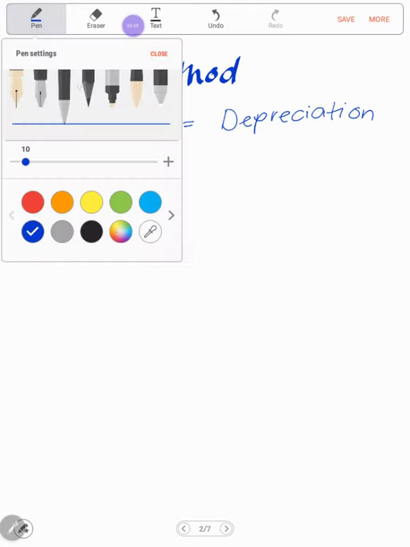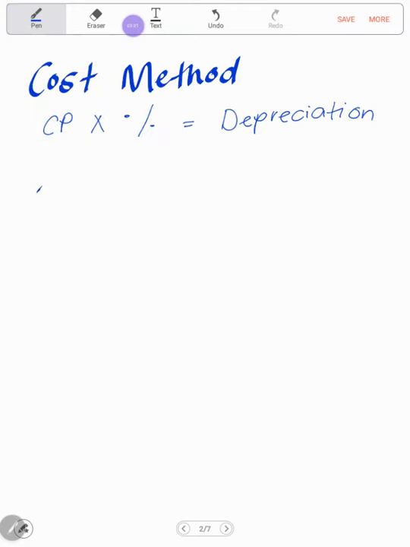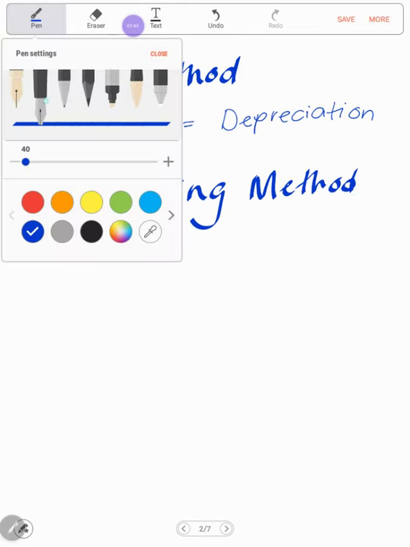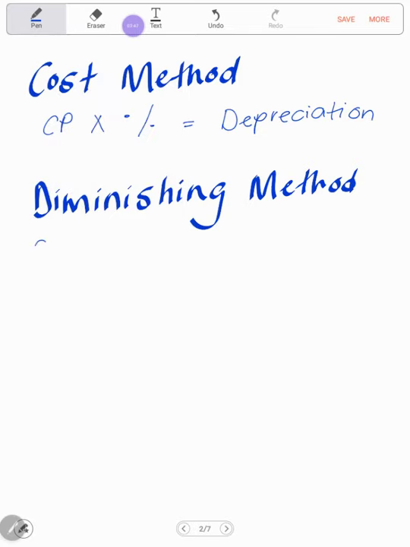Then we have the diminishing balance, which is cost price minus accumulated depreciation, which will give us our carrying value.